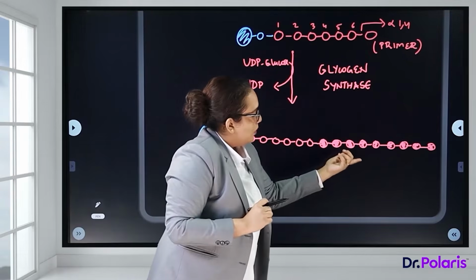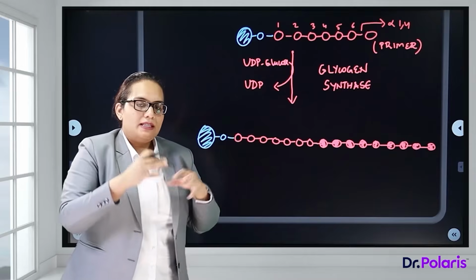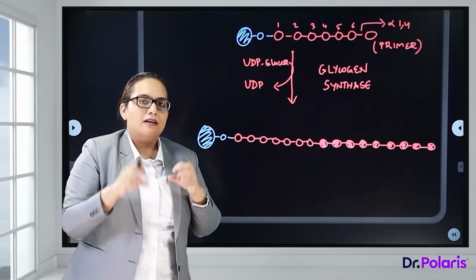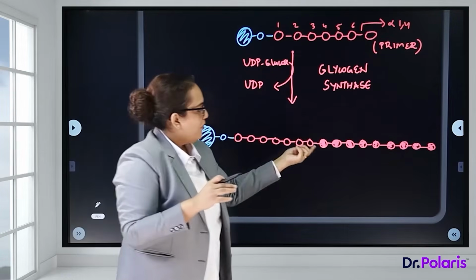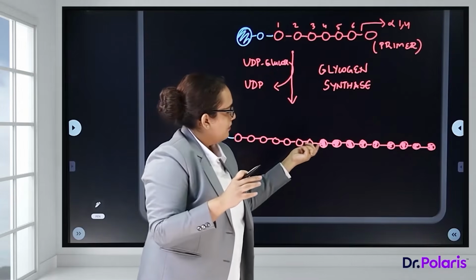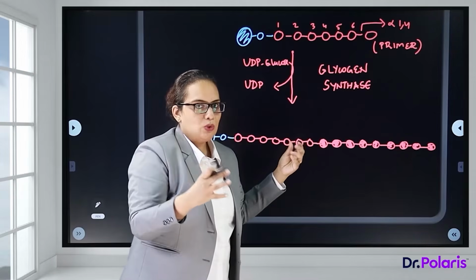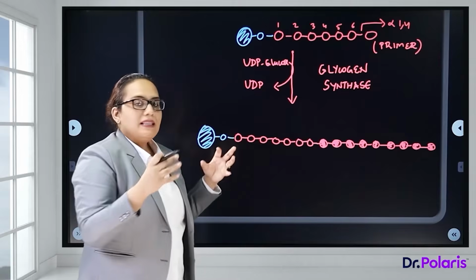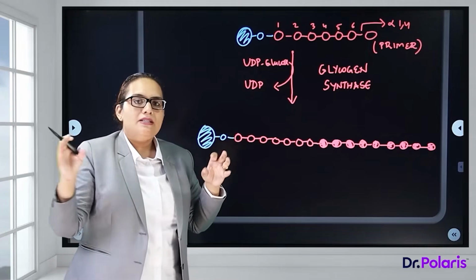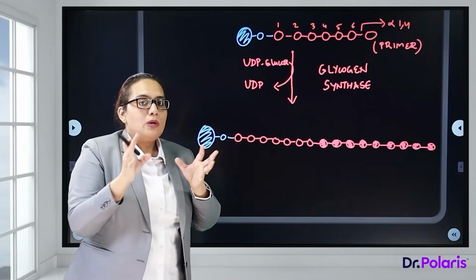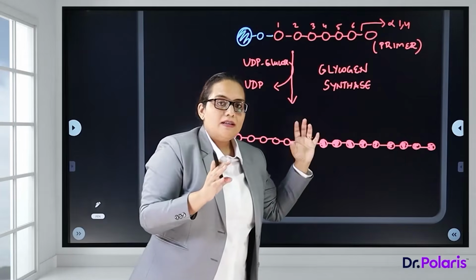Now, what really happens here is the glycogen synthase keeps on acting, keeps on adding a new glucose unit by forming an alpha 1,4 linkage with the terminal glucose, the last glucose present in the chain. And then what happens is the chain length is increased till about 11 to 12 glucose units are present in the straight chain.